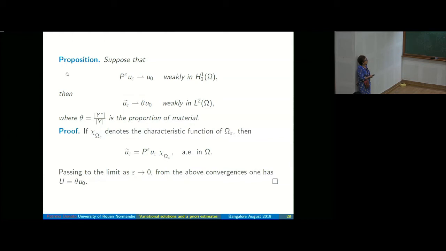The extension operator is u epsilon, and the chi holds 1. Okay, so we have this equality. And then if we pass to the limit as epsilon goes to 0, from the above convergences, we obtain that this one converges to u, this converges to u0, this converges to theta, this is strong-weak. Then at the limit, u is equal to theta u0.